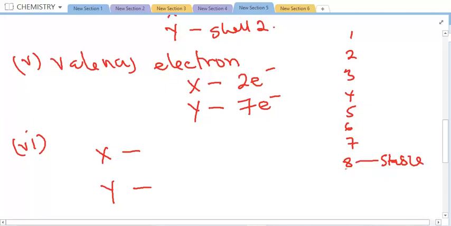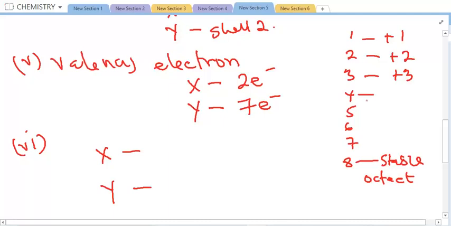So this atom here is stable because it has 8. We call it octet stability. But you see, the one that has 1 is not stable. So it's ready to lose this 1 to form plus 1. This one is ready to lose 2 to form plus 2. This one is ready to lose 3 to form plus 3.